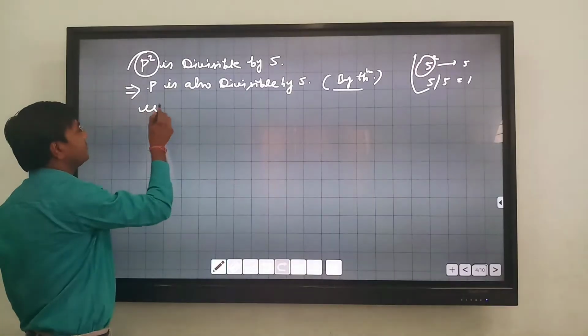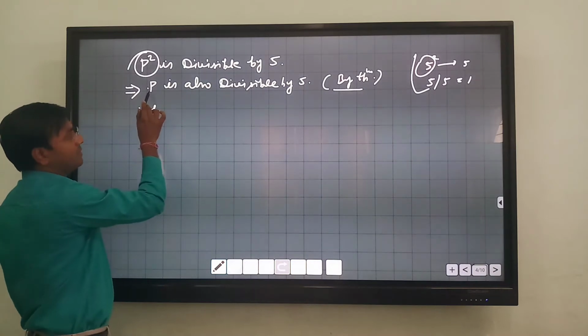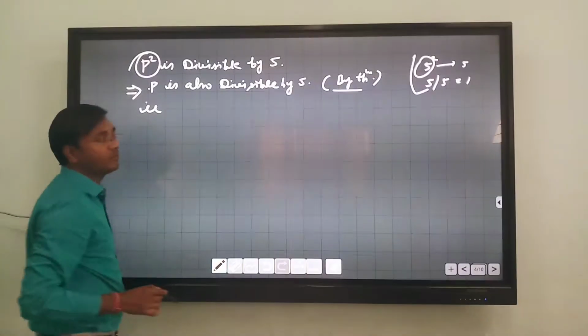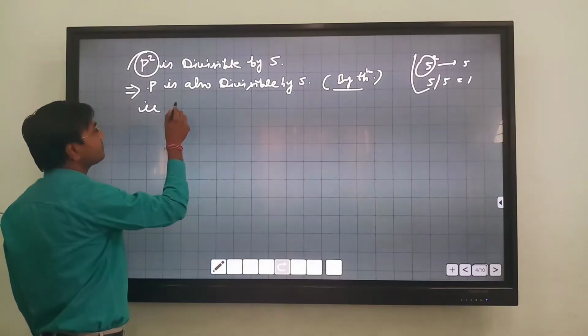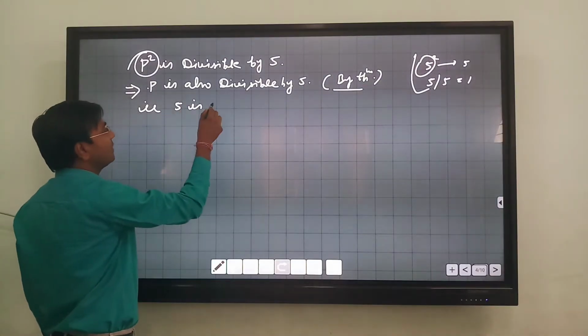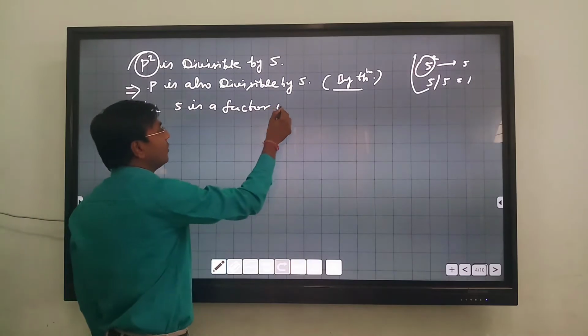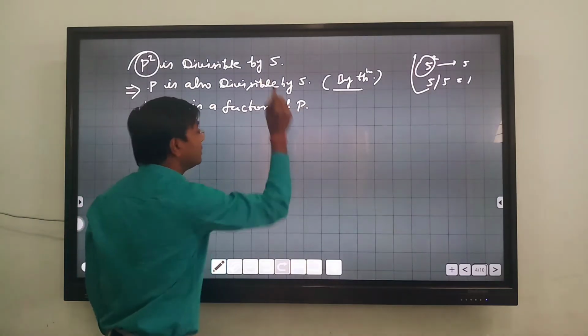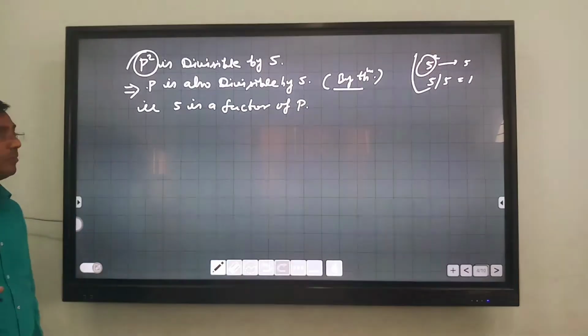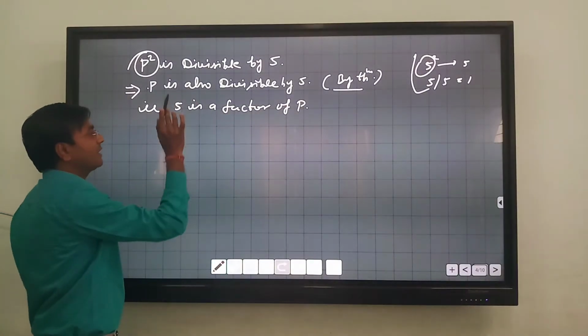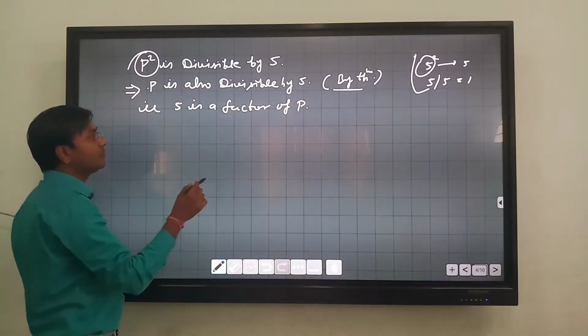It means if p is divisible by another number 5, then 5 is a factor of p, because when a number divides another number, it becomes its factor. So 5 is a factor of p.